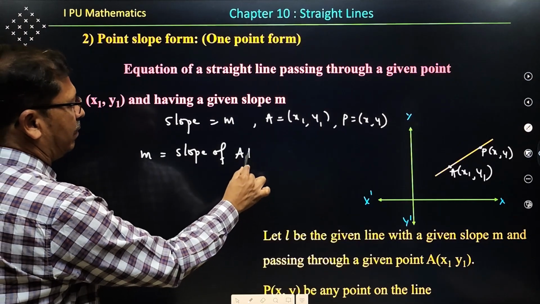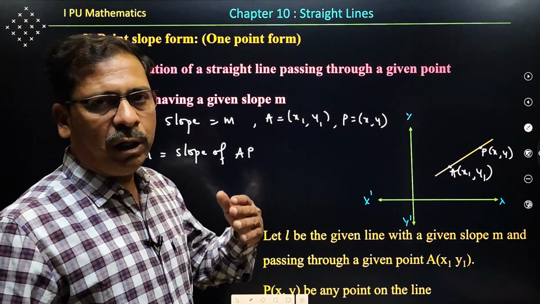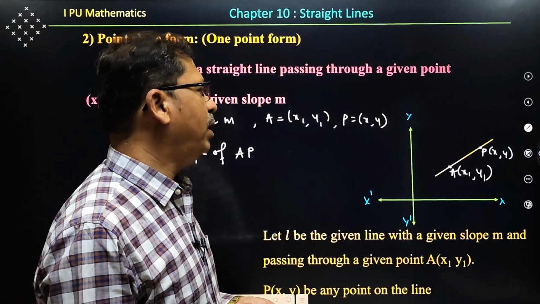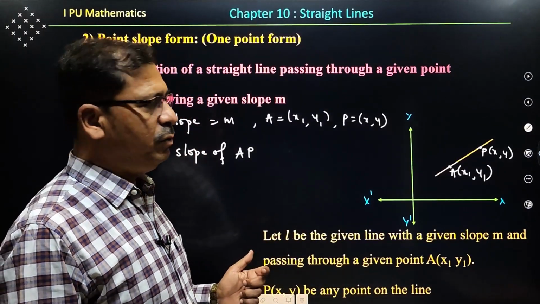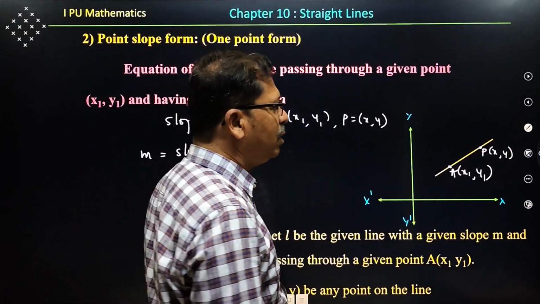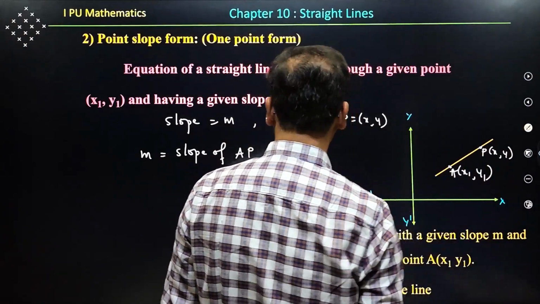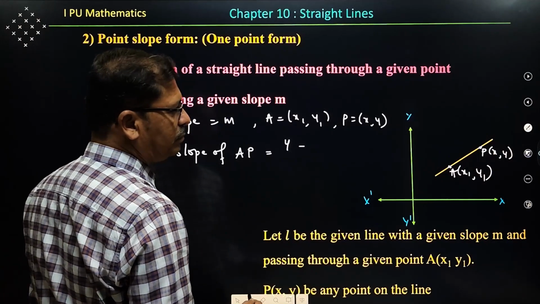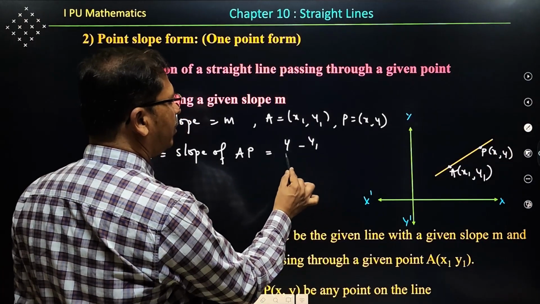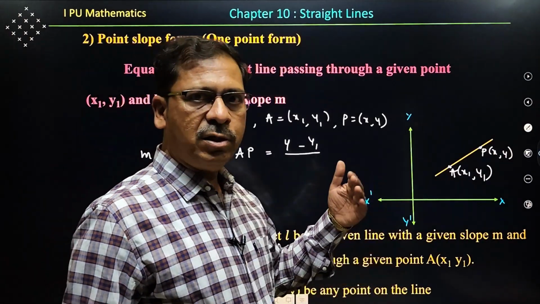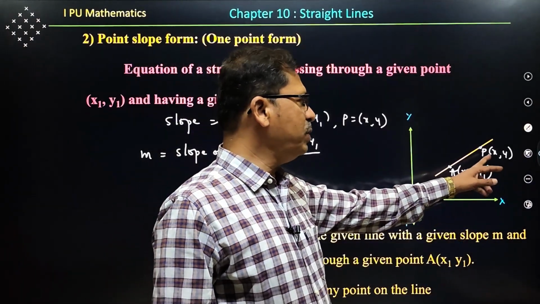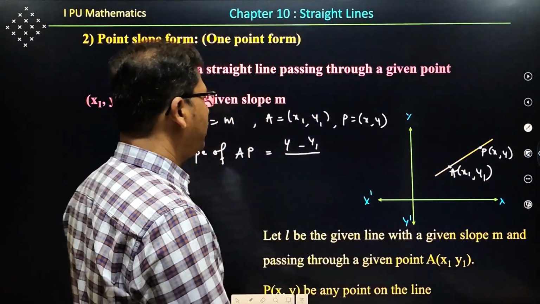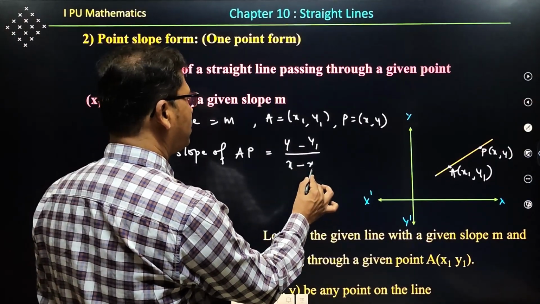The slope of the line joining 2 points is given by the formula y2 minus y1 divided by x2 minus x1. According to that, in place of y2, y is there. So I can write y minus y1 divided by x2 minus x1 is the basic formula, but in place of x2, x is there. So x minus x1 you write here.